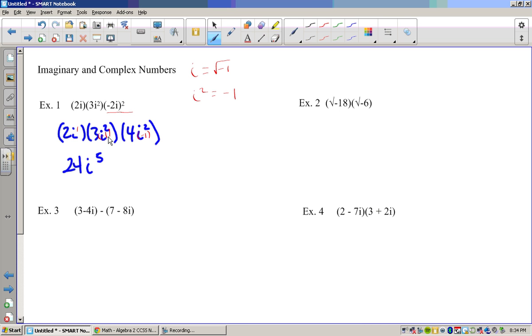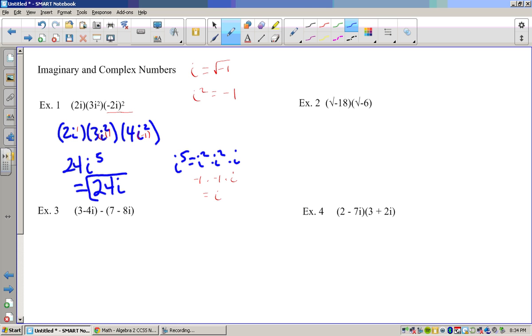Well, -1 times -1 is going to be +1. So i to the fifth power is i squared times i squared times i. Well, i squared is -1, times another -1, times i. -1 times -1 is +1, and 1 times i is really i. So this value, simplified as far as it can go, is 24i.